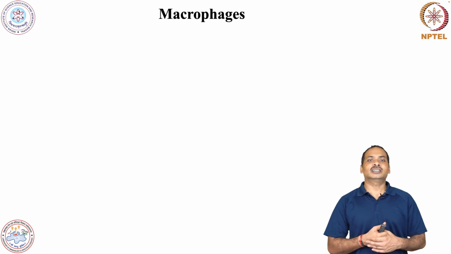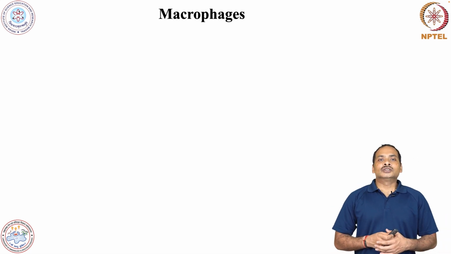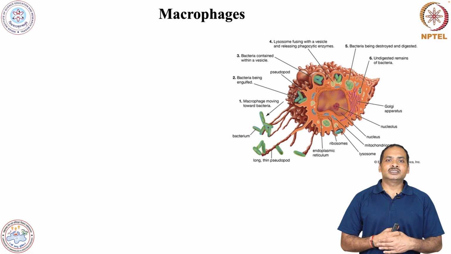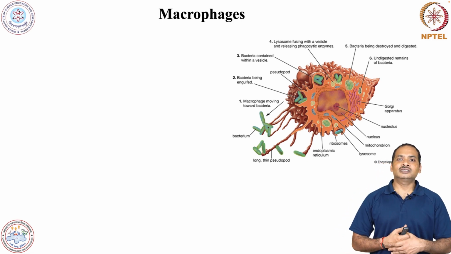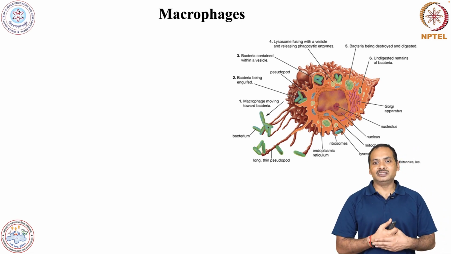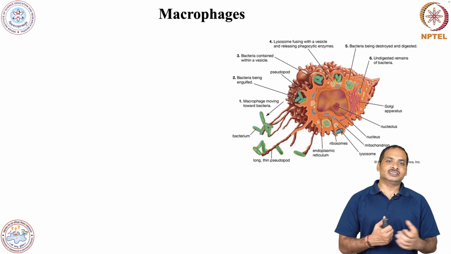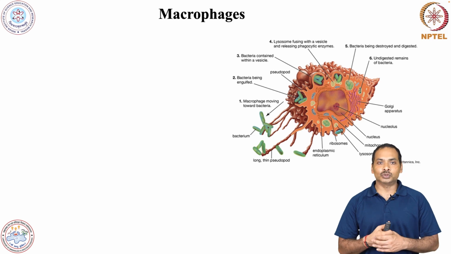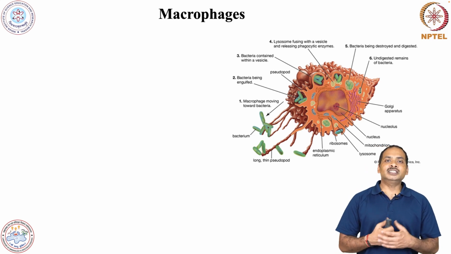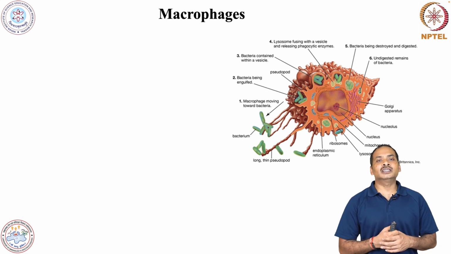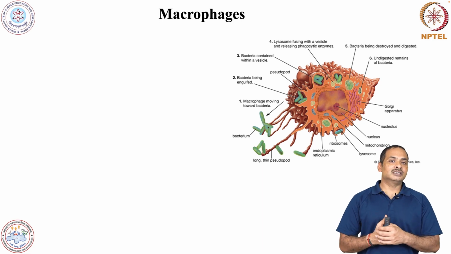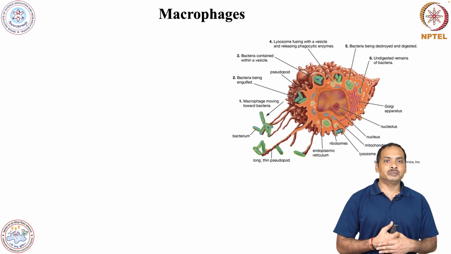Now you can understand, right. So, basically the macrophage looks something like this. It's a schematic. Here you can see that they have projections, which we call pseudopodia, and these pseudopodia help in taking up the microbial pathogen.